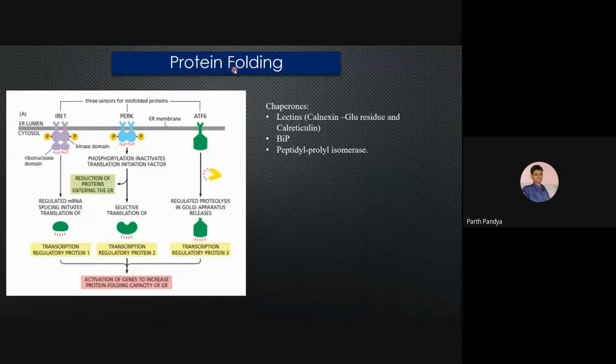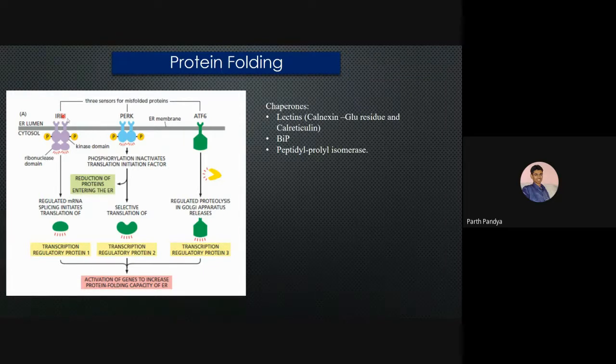Once the proteins have been made, they are translocated and folded. Apart from the big proteins, there are other chaperones which mediate this role, that is the lectins, including calnexin and calreticulin. Likewise, peptidyl prolyl isomerase drives the folding of these proteins.